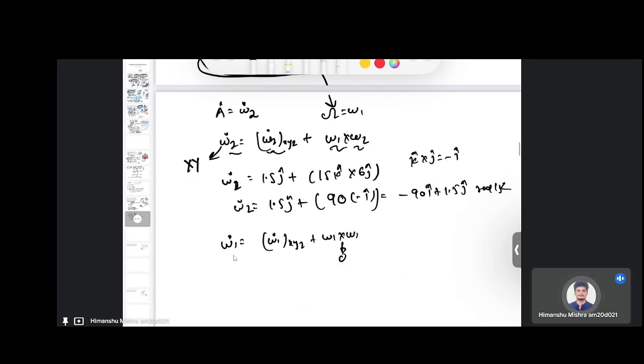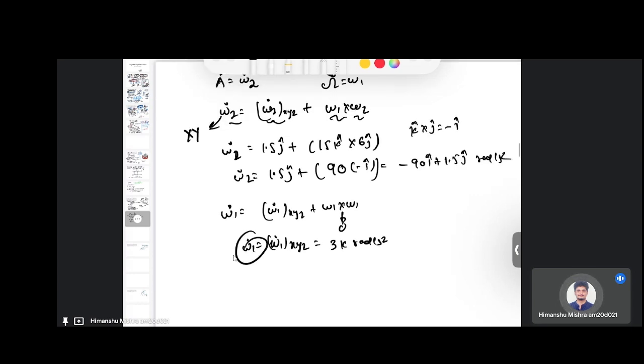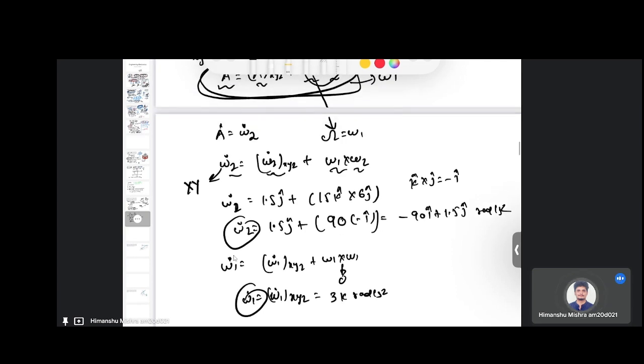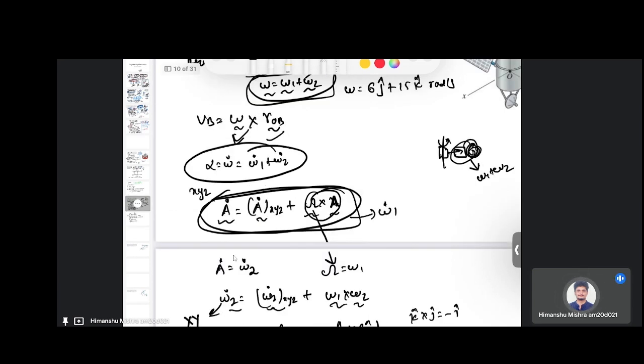So this is 0, so omega 1 dot is just omega 1 dot with respect to the moving frame, and it is given in the question as 3 rad per second square. Now we have omega 1 dot and omega 2 dot, and we can easily calculate the overall resultant angular acceleration by using this formula.